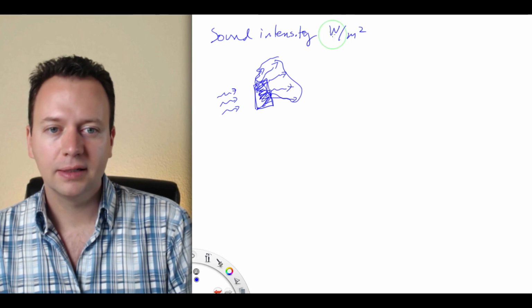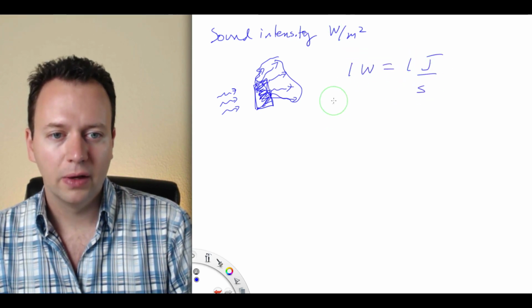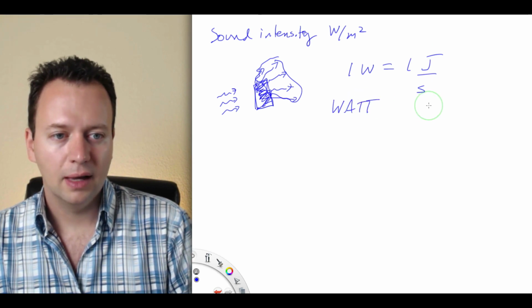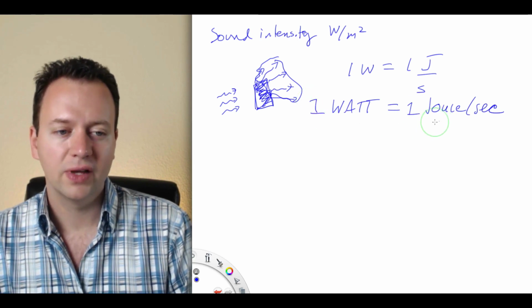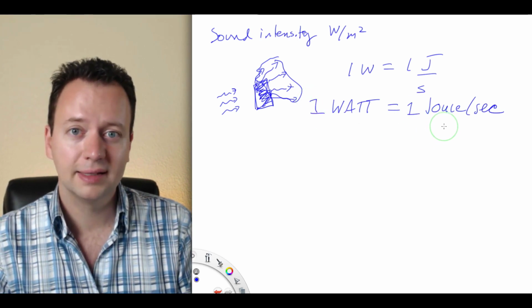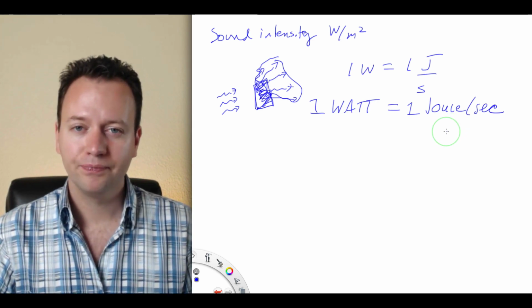So 1 watt is equal to 1 joule per second. The joule is the SI unit of energy, so a watt is basically a measure of energy per unit time.